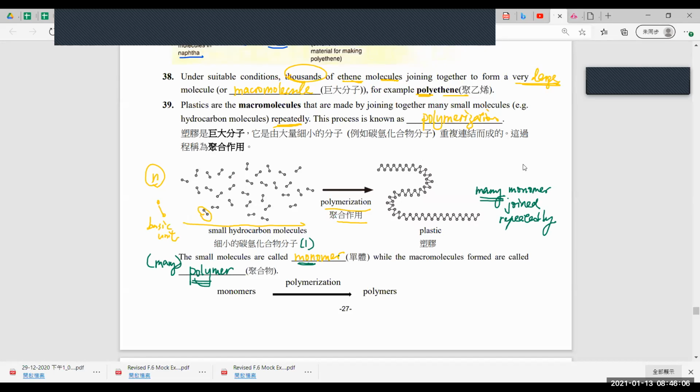So this type of process we call polymerization, the process which turns so many small molecules into a big molecule, while the big molecule we call a macromolecule. Macro, not Marco, is different.